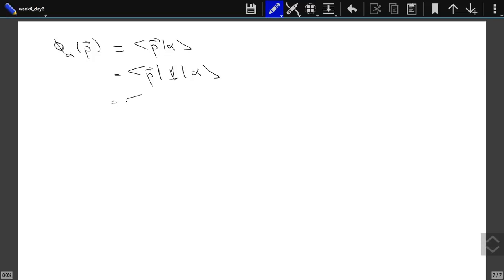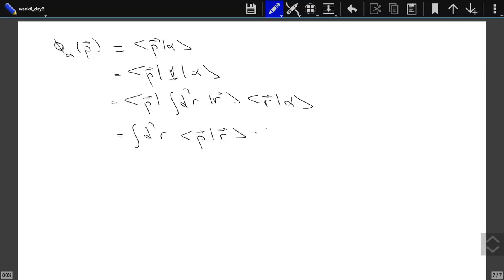This is equal to the integral of d cubed R, inner product of P and R, times the inner product of R and alpha. Well, this is just psi alpha of R.